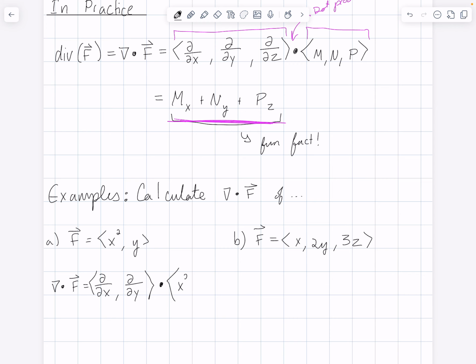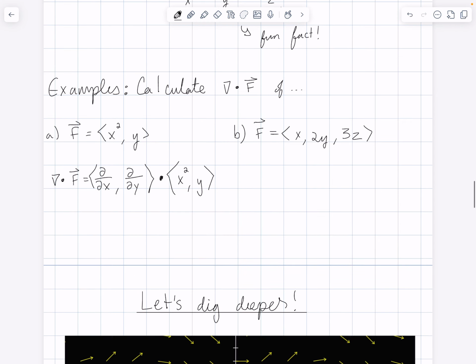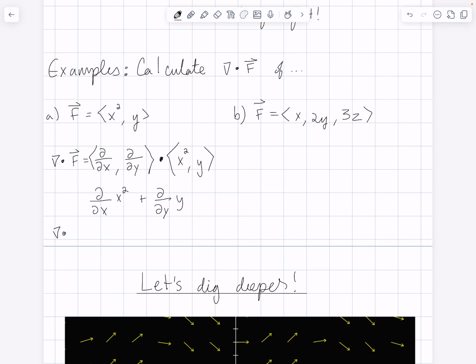Starting us off nice and easy. And now we are seriously just going to add these guys together, and that is going to give us a result of 2x plus 1. So this tells us that our divergence only depends on x because that is the only variable we have here at the end.